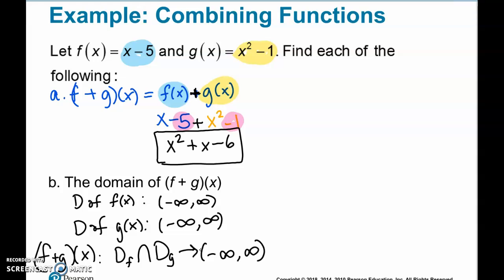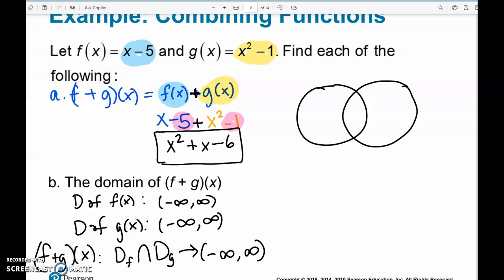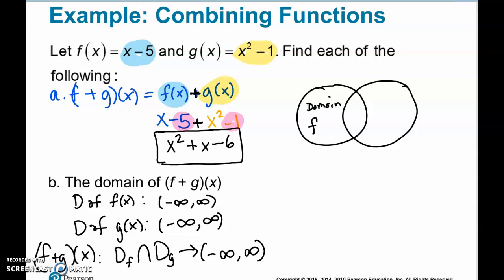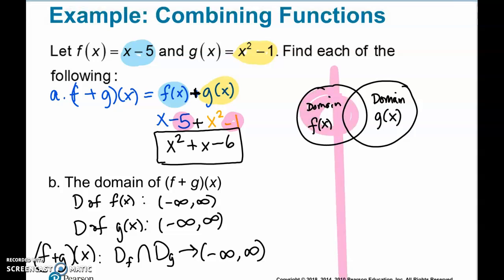The intersection is where they overlap. Think of it like this. If this circle on the left represented the domain of f of x, now, I'm not saying in this case it does, and this circle represented the domain of g of x, let's put some colors on here.